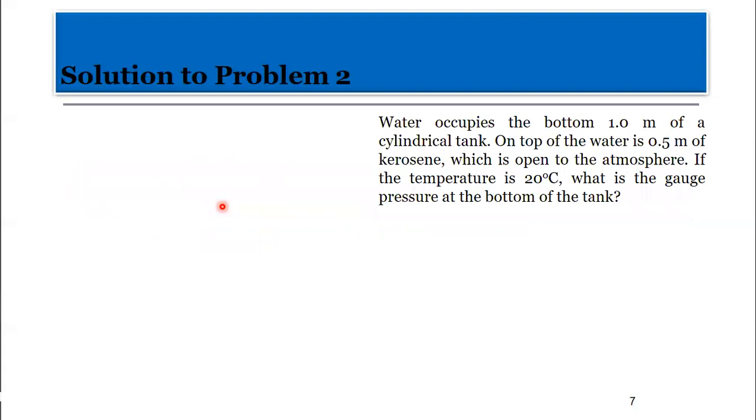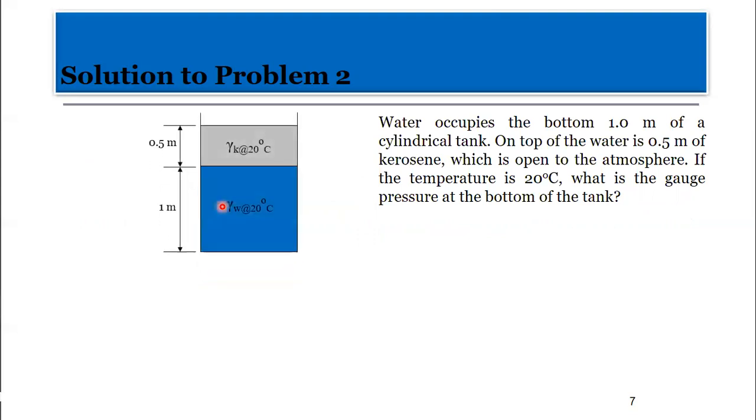So to solve this, let's see how the diagram will look. This is the diagram. This is not Y, please, it's gamma. Gamma W is for water at 20 degrees Celsius, and then gamma kerosene at 20 degrees Celsius, so the temperature here is the same.